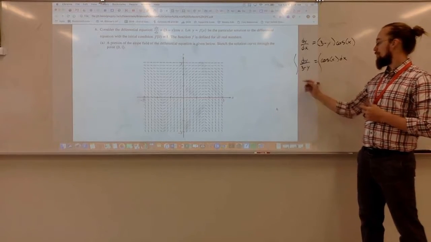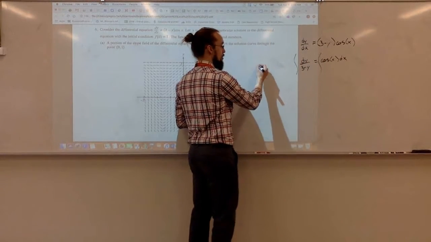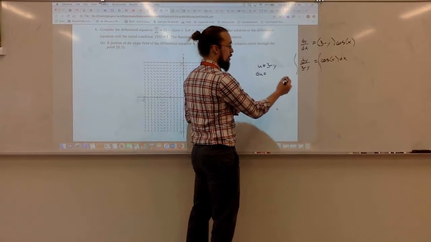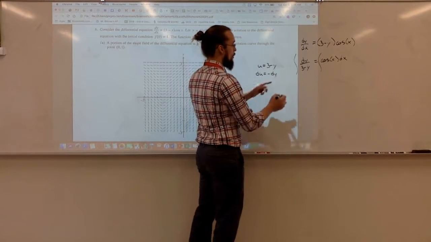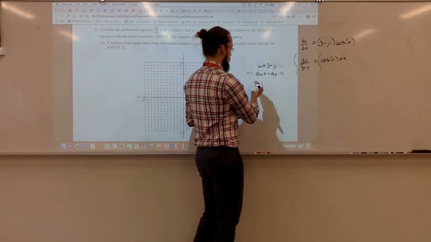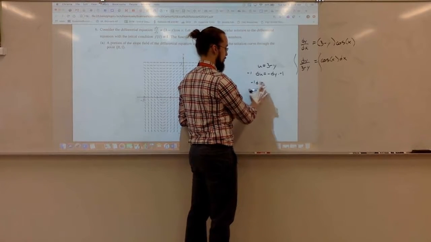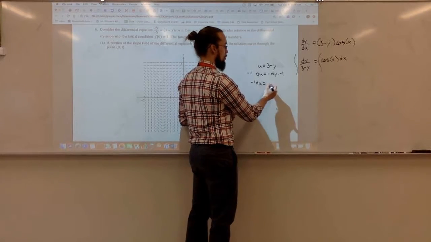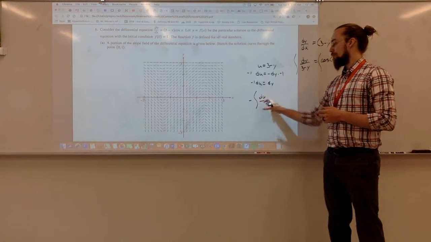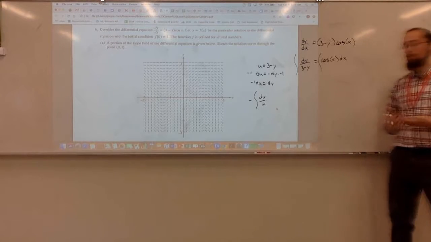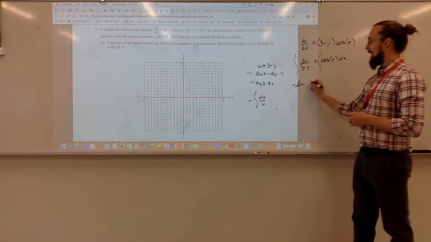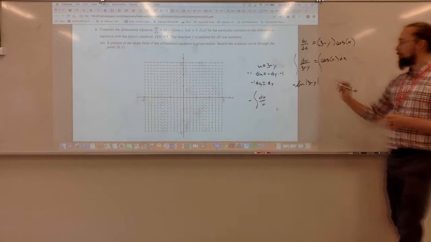If we really want to think about this as a mini u substitution, we would say u is 3 minus y, so du is negative dy, but we want it to be positive, so I would need to multiply by negative 1. So we get negative du over u, so its antiderivative would be negative natural log of u, and our u is 3 minus y, so that's how we get negative natural log of 3 minus y.